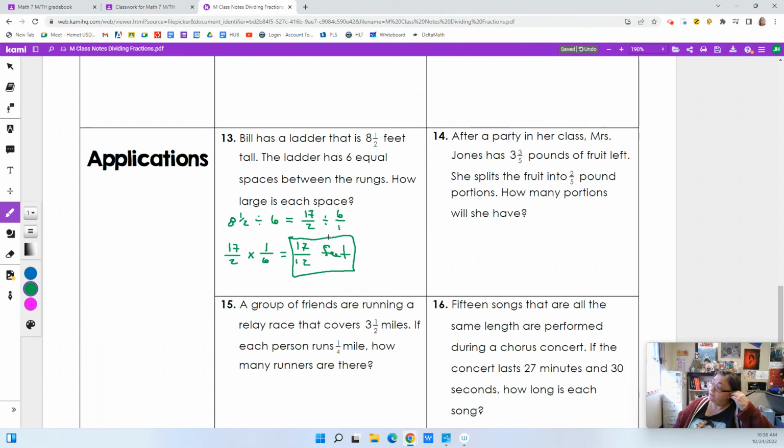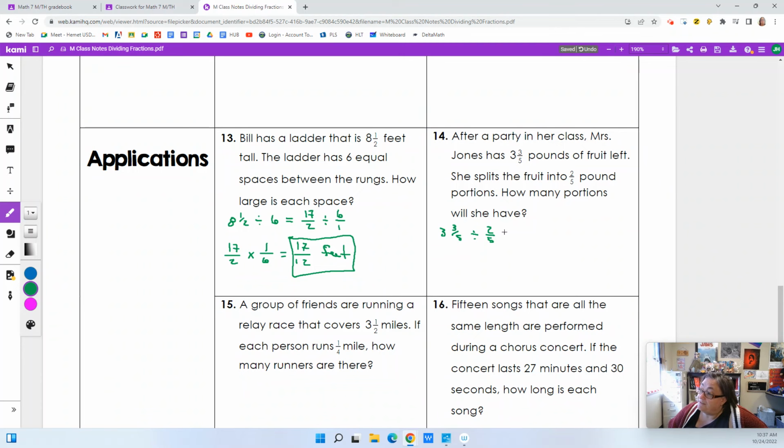Let's look at this last one. After a party in her class, Mrs. Jones had 3 3/5 pounds of fruit left. She splits the fruit into 2/5 pound portions. How many portions will she have? Well, it just means we're going to take what we started with, 3 3/5, and divide by 2/5, right?